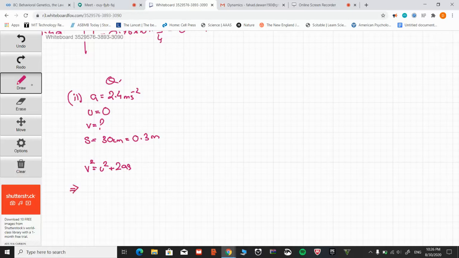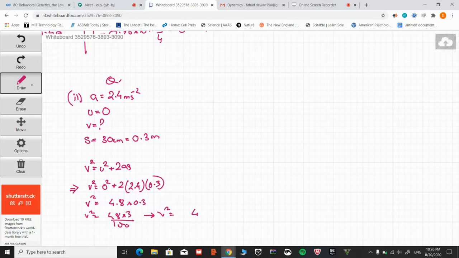Now, V square is what's missing, U square, AS. And when you do the math, কত আসে? 4.8 into 0.3, that is 48 into 3 by 100. So that is V square equals to 144 by 100.